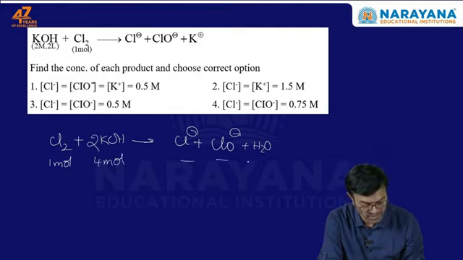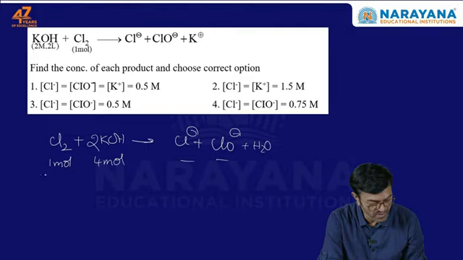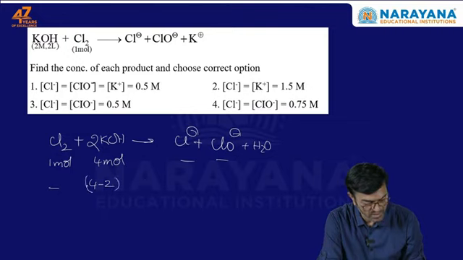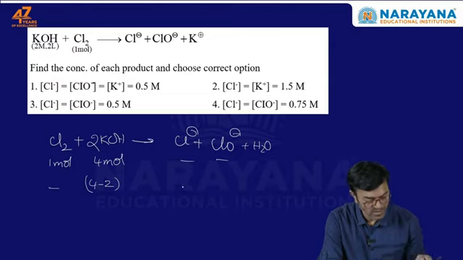This is before the reaction. After the reaction, the limiting reagent is chlorine, so it will be completely consumed. As they are reacting in a 1:2 ratio, out of 4, 2 moles will be gone. Here we will be getting 2 moles. Chlorine and chloride are reacting in a 1:1 ratio.